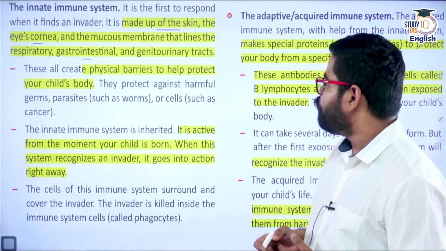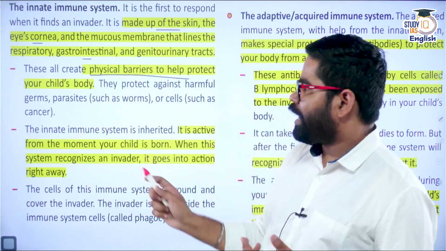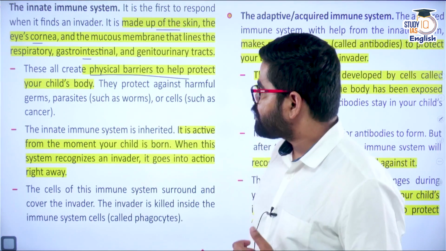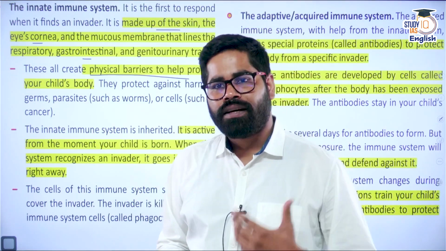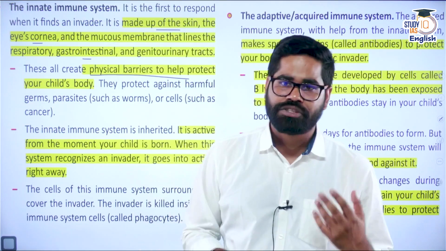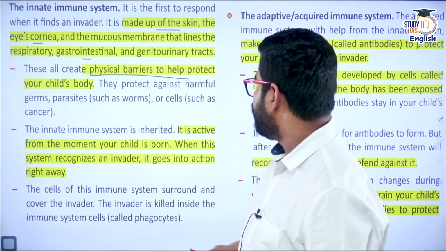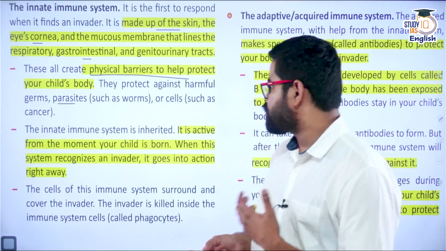Now, what they are doing is creating some physical barriers so that the foreign invaders and foreign substances do not enter inside the body. What do they protect against? They protect against the germs, the parasites, the cells.